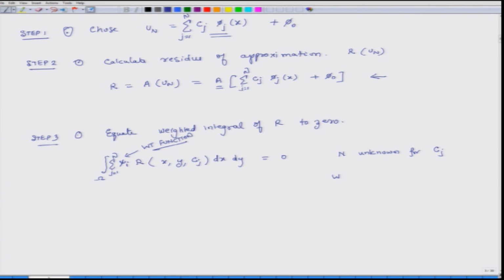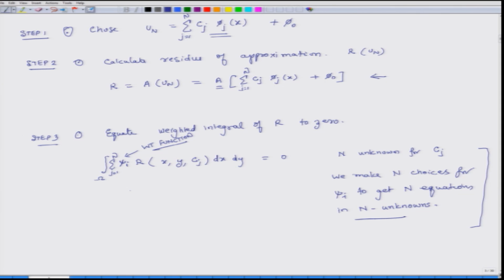So, we make n choices to get n equations in n unknowns.